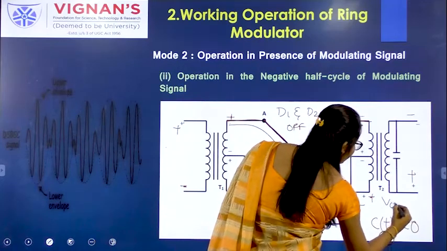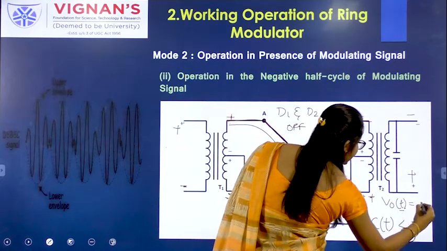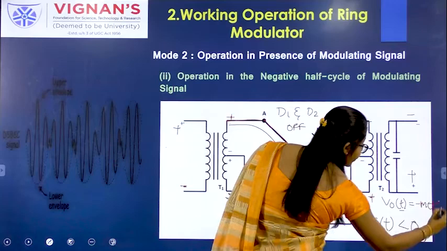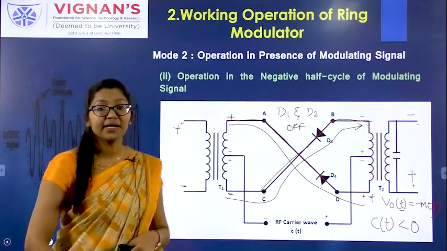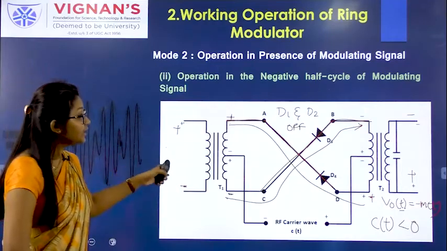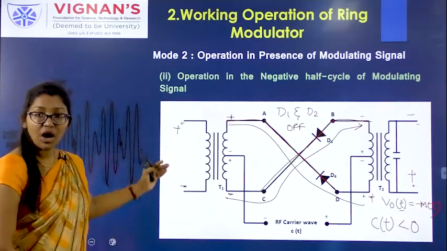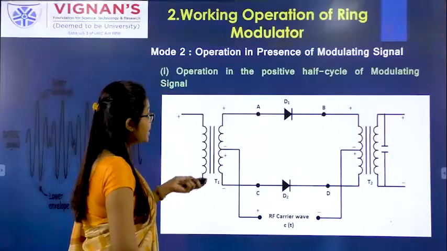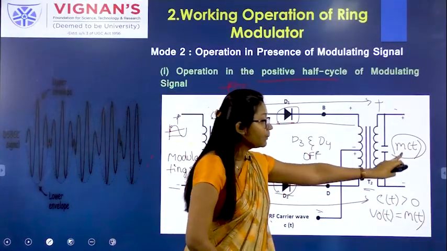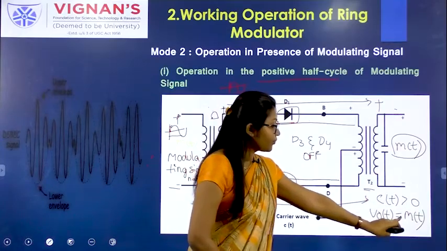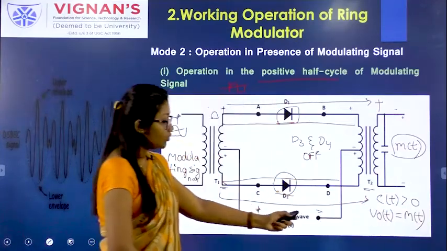So V naught of t is minus m of t when C of t is less than 0. It is clear: when you are giving a positive half cycle of carrier, you have plus m of t when C of t is greater than 0.